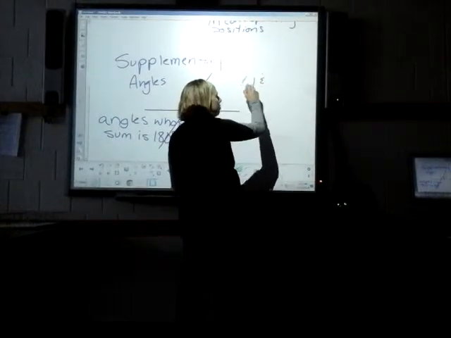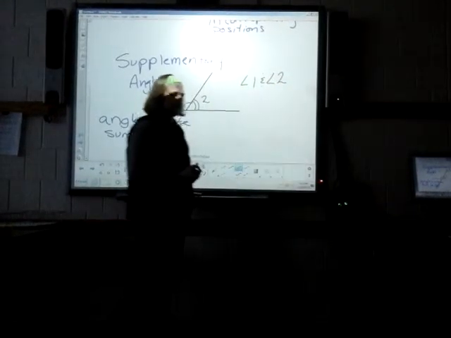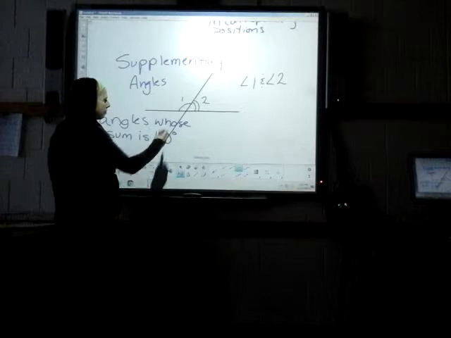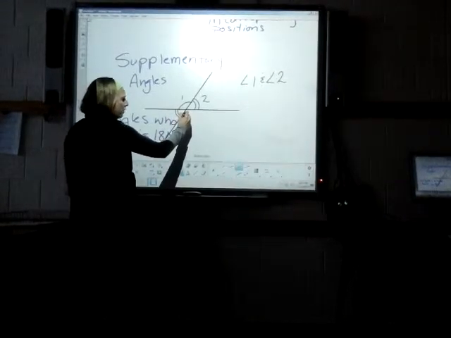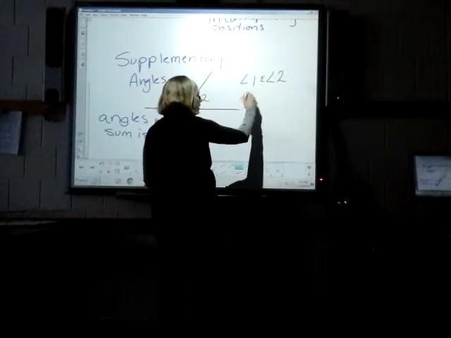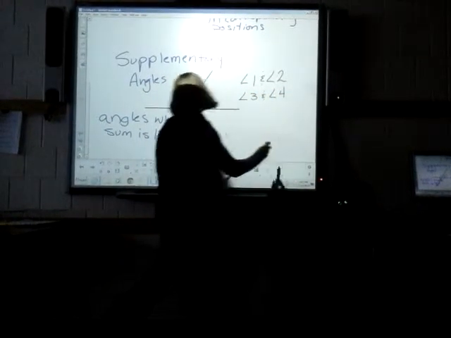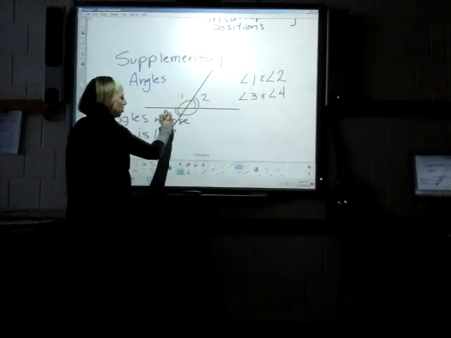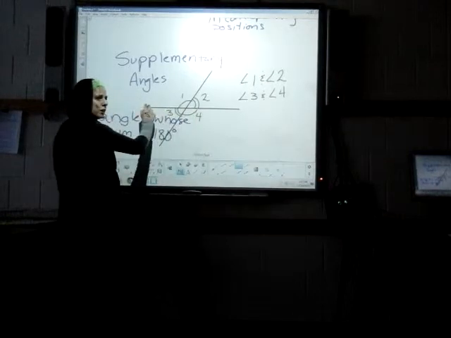Together, they create a straight line equaling 180 degrees. We have angle 3 and angle 4, whose sum creates 180 degrees because together they create a straight line.